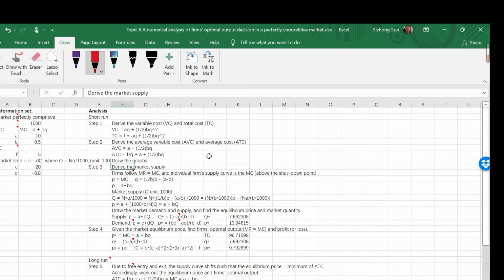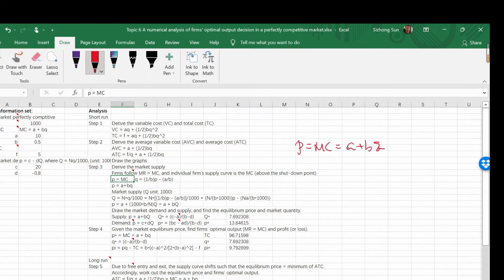So use the MR equal to MC condition. MR is the price because we are in a perfectly competitive market, so price is equal to MC, which is equal to A plus BQ.